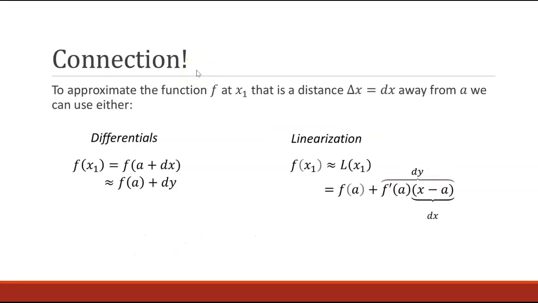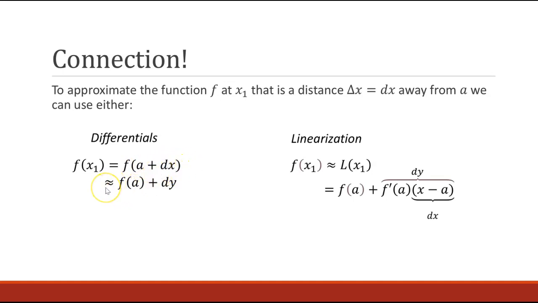So let's try and see the connection, especially between those last two examples. To approximate the function f at x sub 1, that is a distance, delta x or dx, away from a, we can use either differentials or a linearization. So to find f of x sub 1, that's just f of some a value plus some little distance away, right? f of a plus some small change in x.